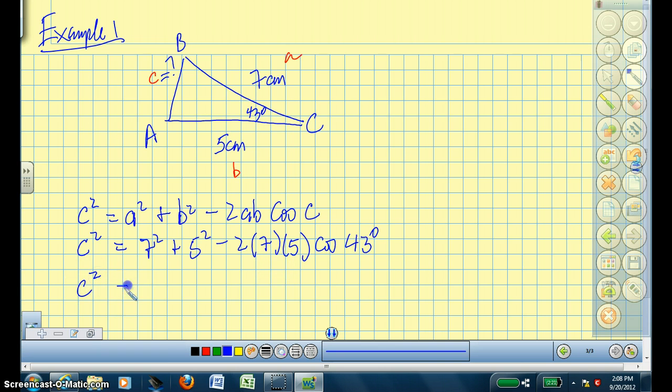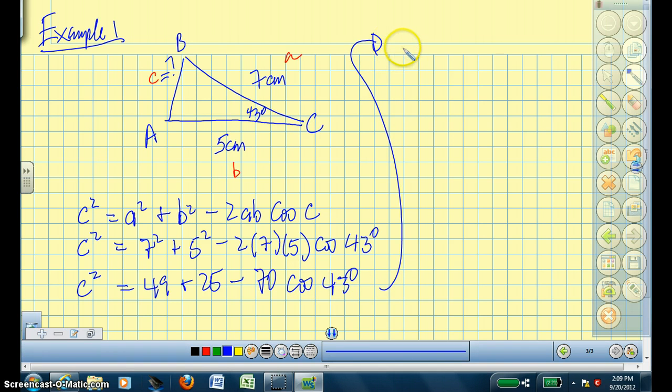Let's clean this up a bit. 7 squared is equal to 49 plus 25 minus 70 cos 43 degrees. C squared is equal to 74 minus 70 cos 43 degrees.